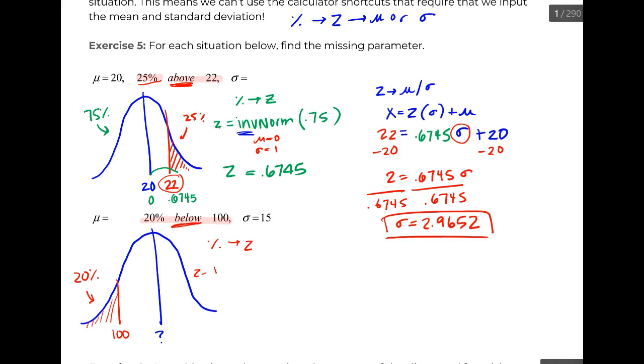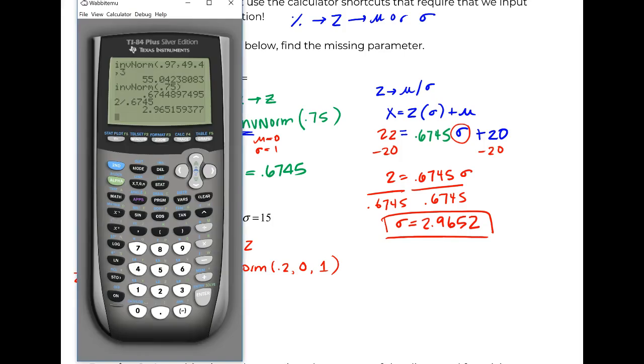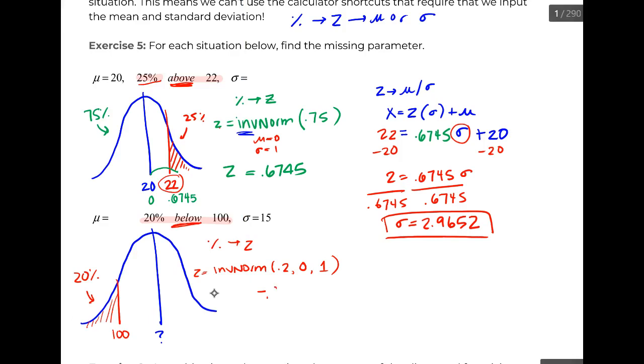So our z is going to be equal to inverse norm, 0.2, 0, and 1, if you have the mean and standard deviation to put in there. Which should give us a negative z-score since we were below average, right? So negative 0.8416. And then step 2, so that's step 1, is going to be to use that same formula.